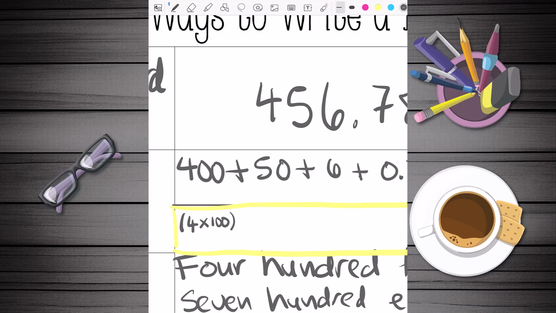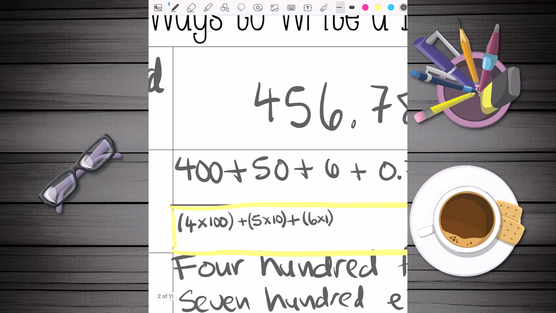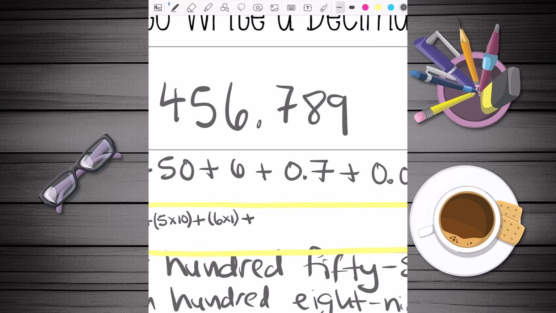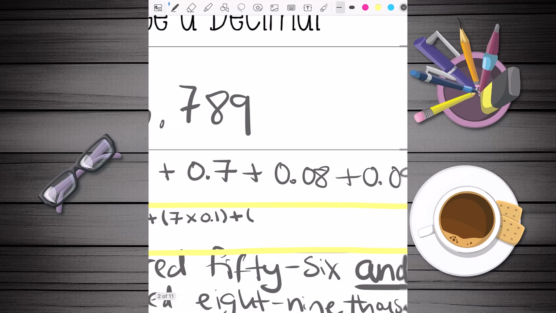And we're going to keep those in parentheses so that we remember to do them first, even though in order of operations, we learn that multiplication comes before addition. 5 times 10 plus 6 times 1 plus 7 times 0.1 or 1 tenth plus 8 times 0.01, 1 hundredth, plus 9 times 0.001.